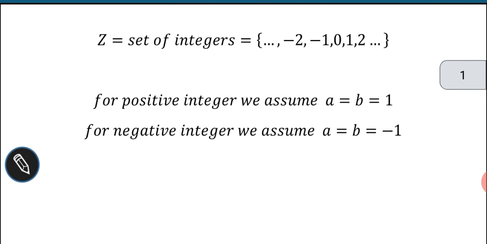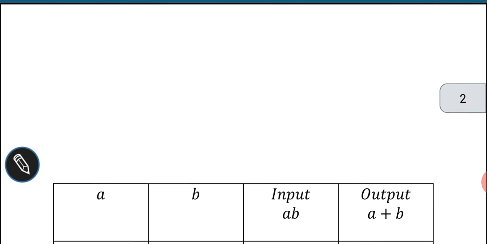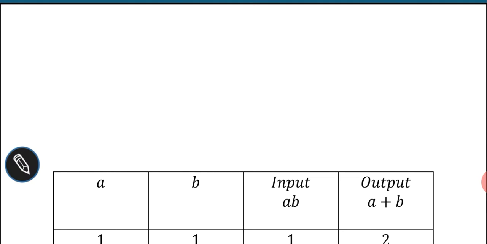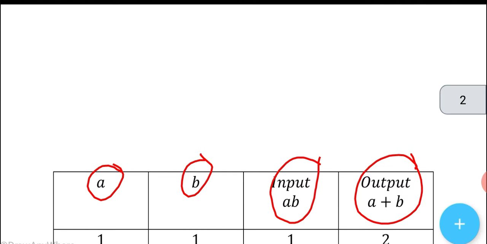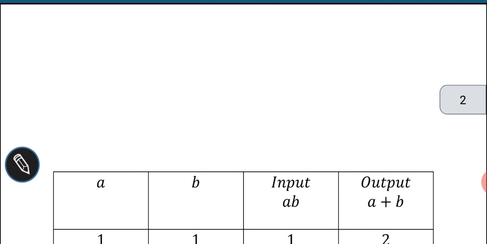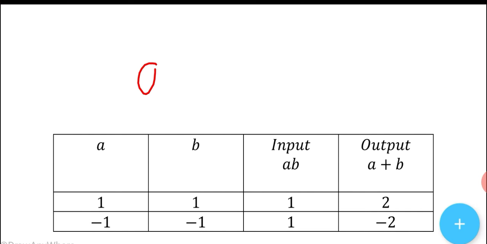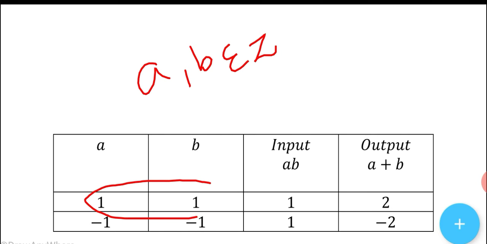Let us form a tabular column like this, where input is ab and output is a plus b, which is given in the problem, where a, b belongs to capital Z, the set of integers. For positive integers, first we assume both a and b as 1.